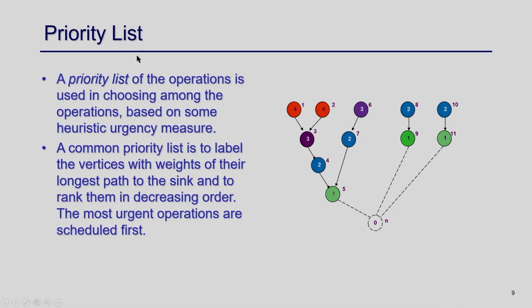So, these are two important pieces of information: the candidate operation, that means the operation which is now ready to be scheduled in time step L, and the unfinished operation, that means operations that started their execution earlier and are actually running in time step L. And the priority list, as I mentioned, for each node you identify the distance of that node from the sink node by identifying the longest path.